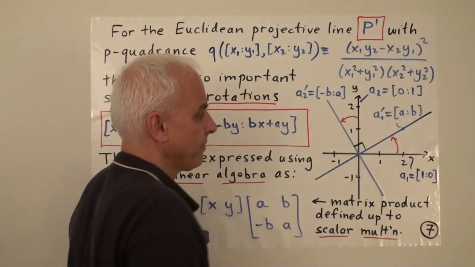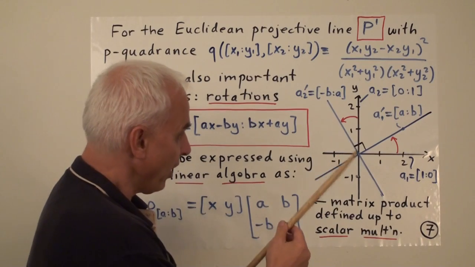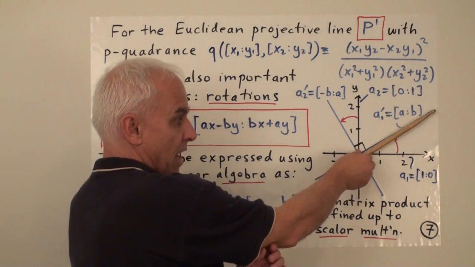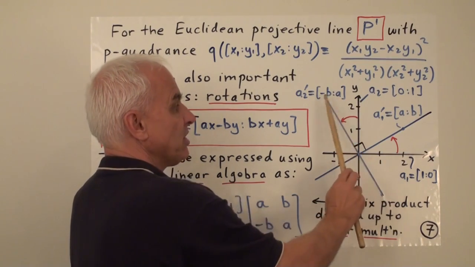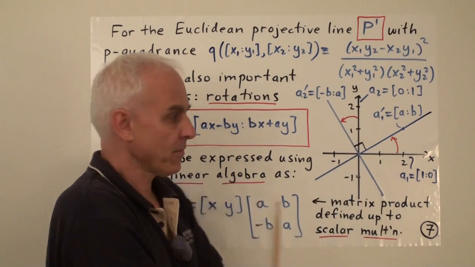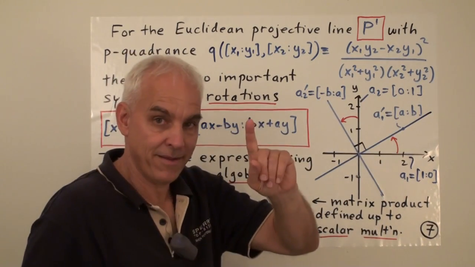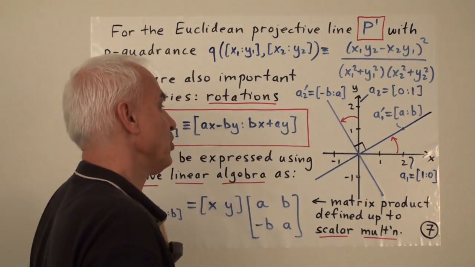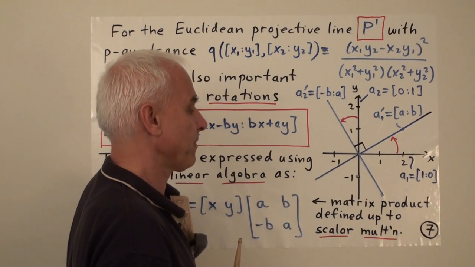Another example of perpendicular ones is to take some other line, say a to b, and the corresponding one over here, which is minus b to a. The quadrance between these two is equal to 1, and that ensures that they're perpendicular. That's our definition of perpendicularity.